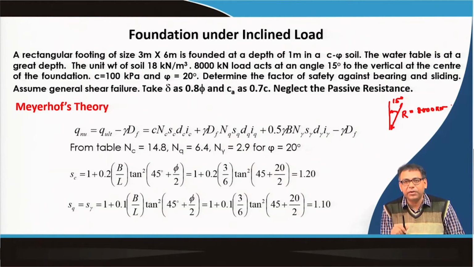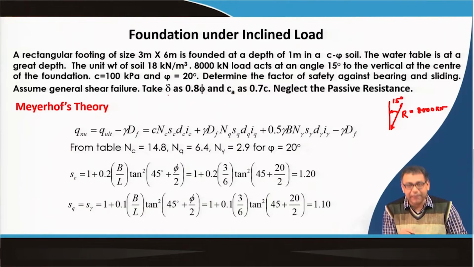Against the vertical component you have to check the bearing capacity, but against the horizontal component you have to check the sliding, because it not only pushes the foundation downward, but the horizontal component also tries to slide the foundation. So, we have to take the sliding also.